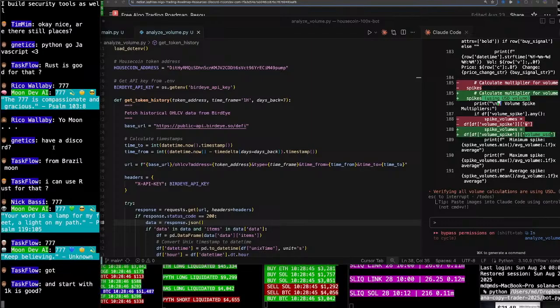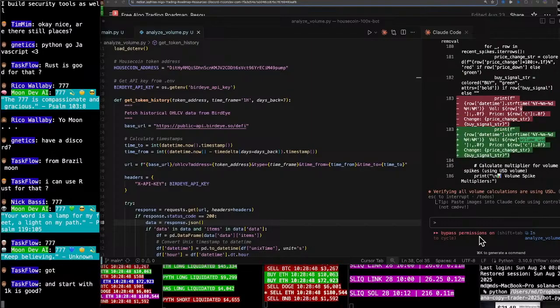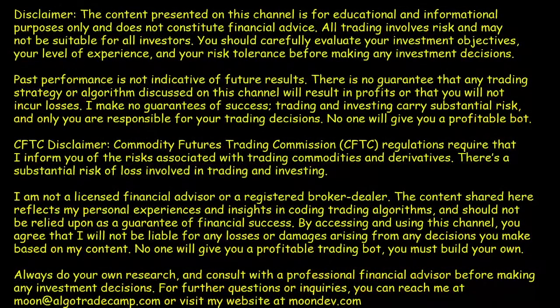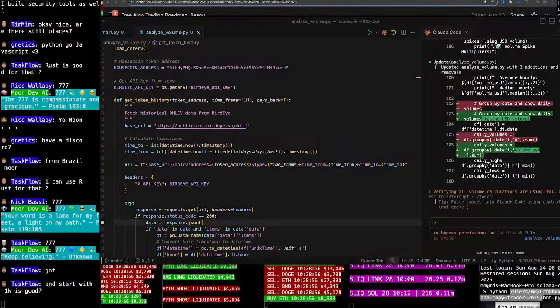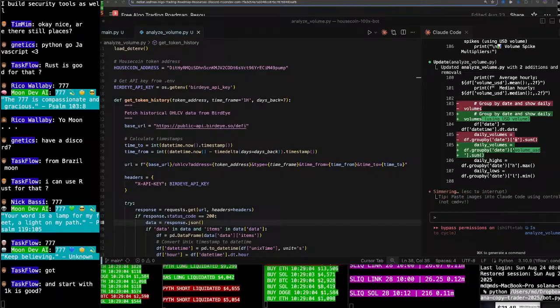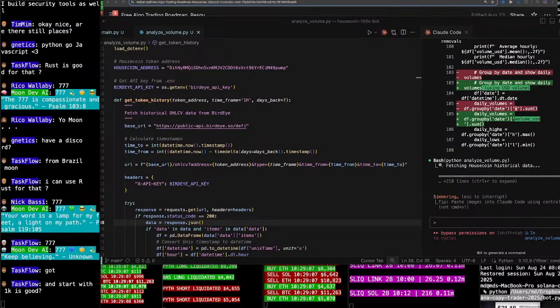Start with 1K is good. I can't tell you how much to start with, but I'm not a financial advisor. I don't know how far 1,000 goes in Brazil, but that sounds like a lot. I don't know though. Could be a little, could be a lot.